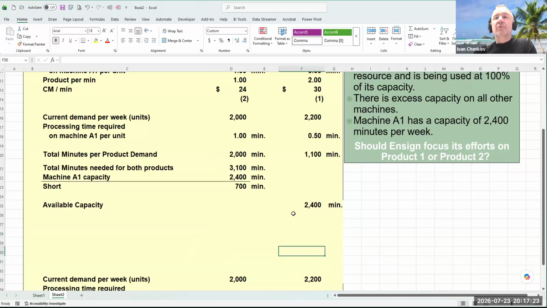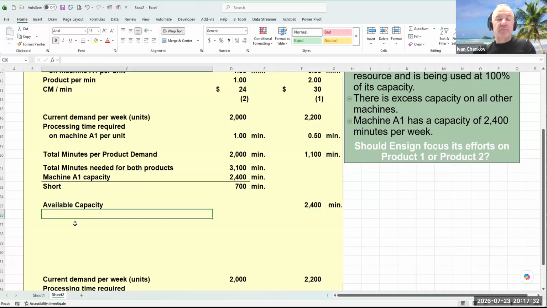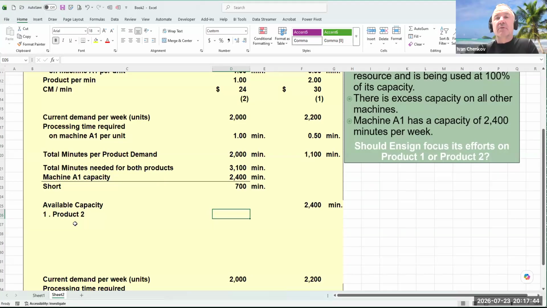The question is, what can I produce with 2,400 minutes? First I'm going to focus on product two. I'm going to produce the entire demand for product two, which is 2,200 units.